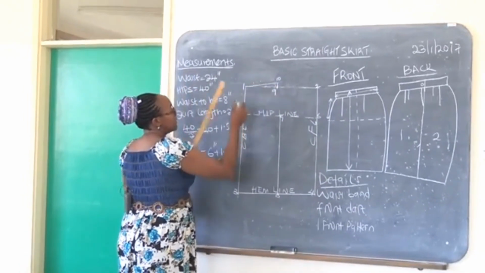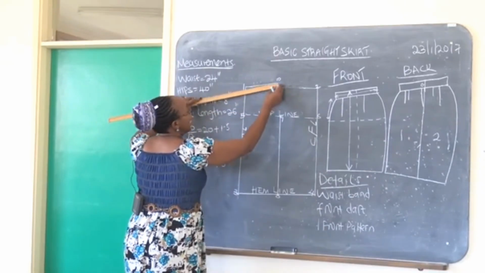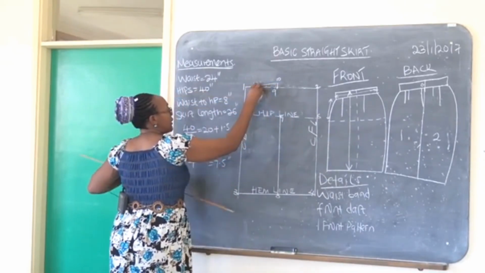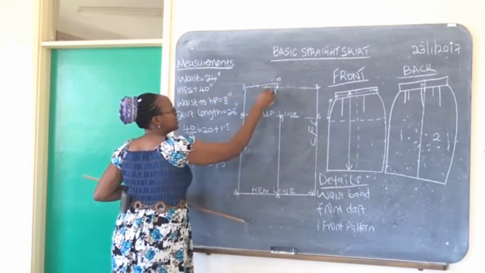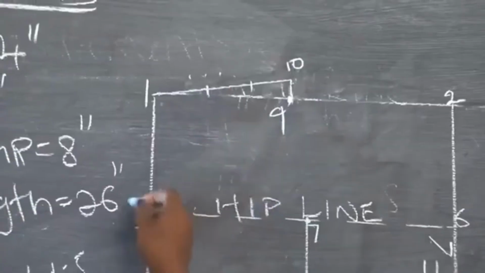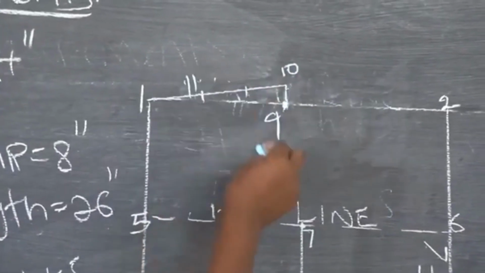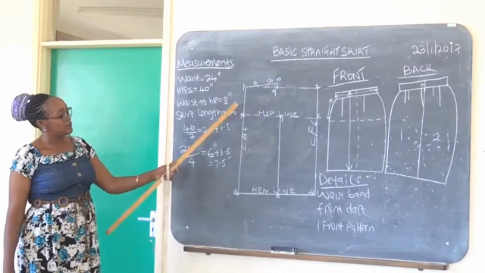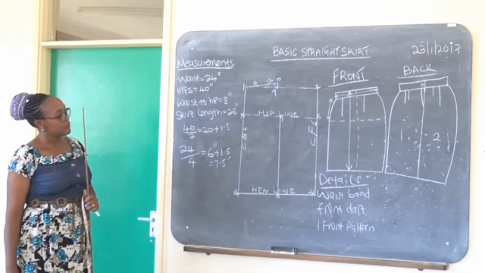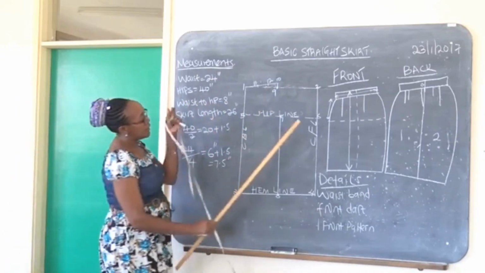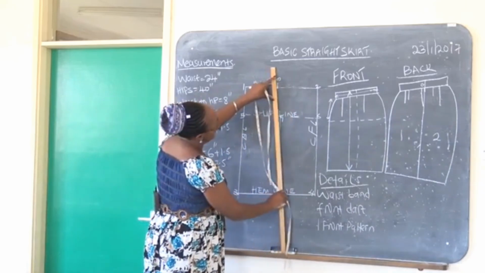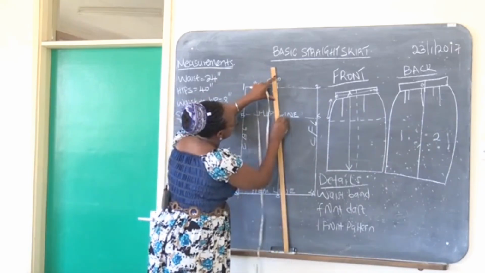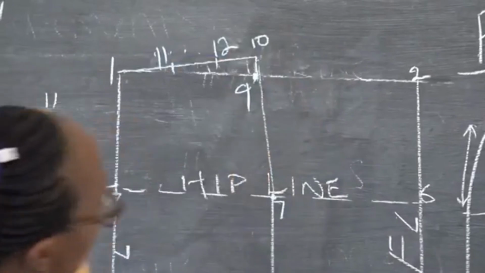So in this case, you need to measure, and then at the middle of each point, you label your numbers. So this will be number 11, and this will be number 12. We are moving together. From there, I need to join the line touching point 7 to this line from point 10. I get that.